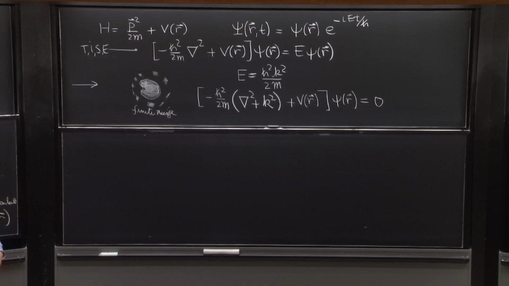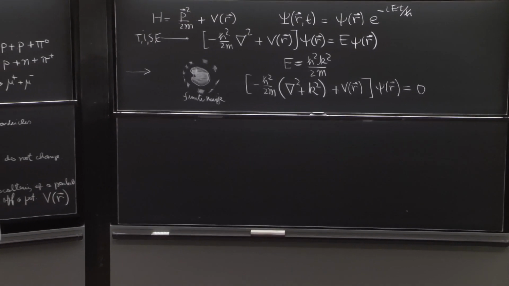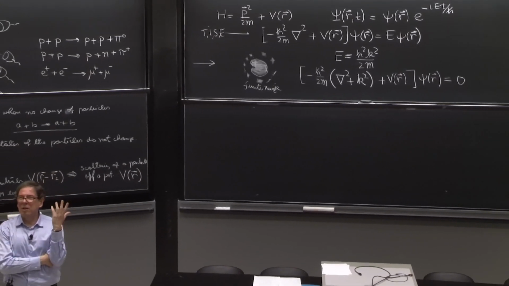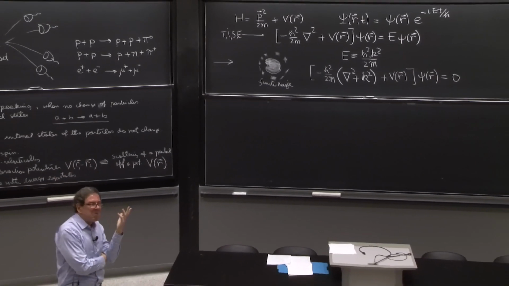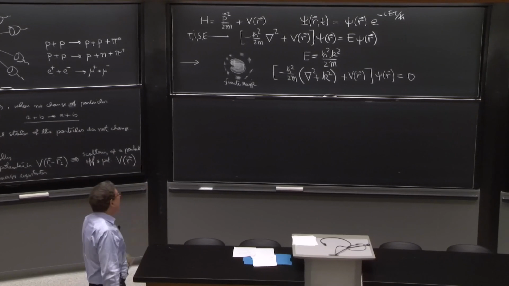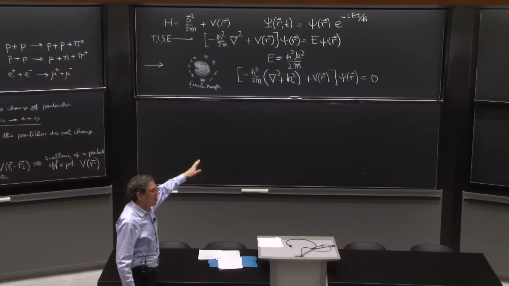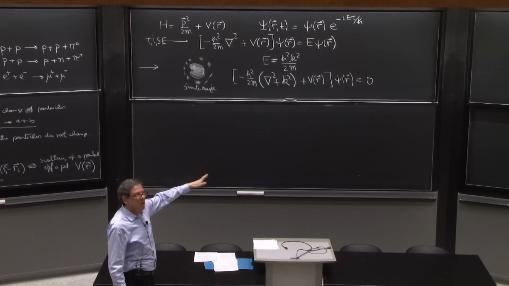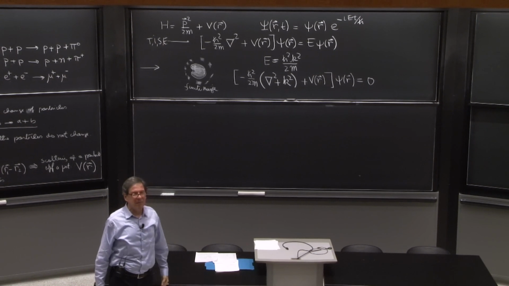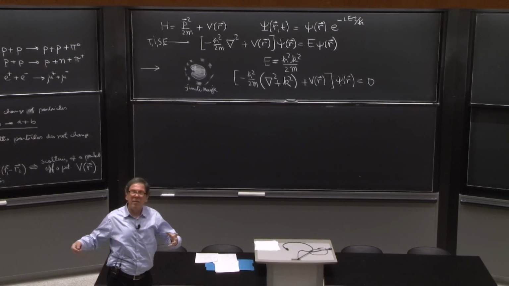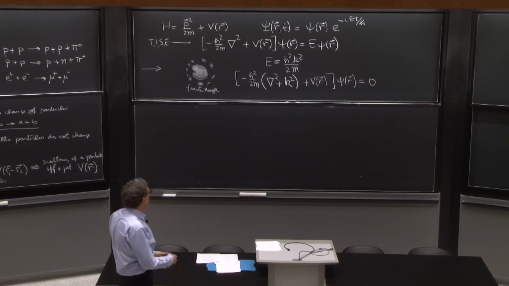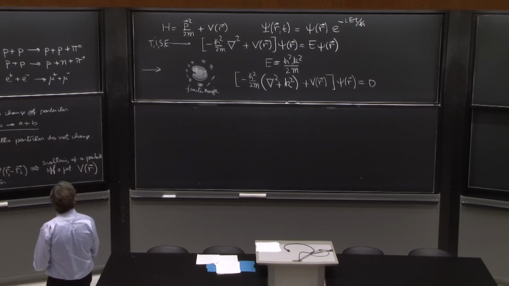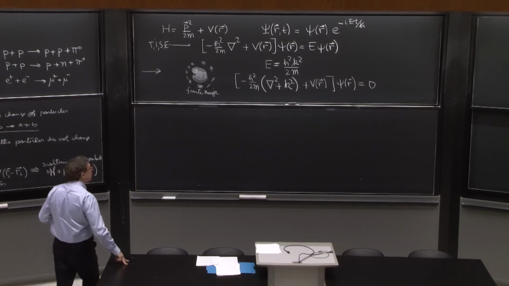It's not really a matter, scattering, of solving this equation at this moment. There's infinitely many solutions of this equation, and most of them may not be relevant for us. We're not trying to find every solution of this equation. We're trying to find solutions that have something to do with the physics.